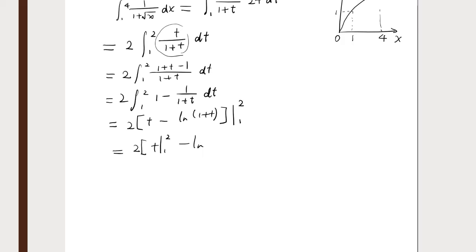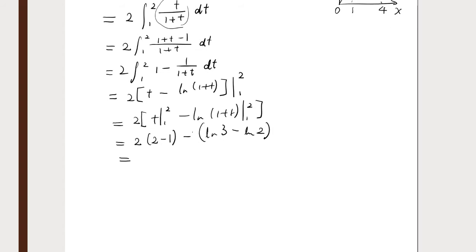And we have this one from 1 to 2 again. t is very simple, so it's nothing but 2 minus 1. But for this one, it's going to be just a little more complex. So we're going to have 3 minus ln 2.